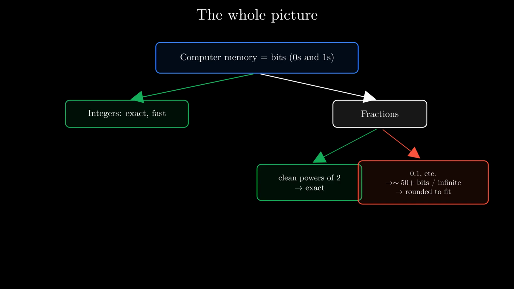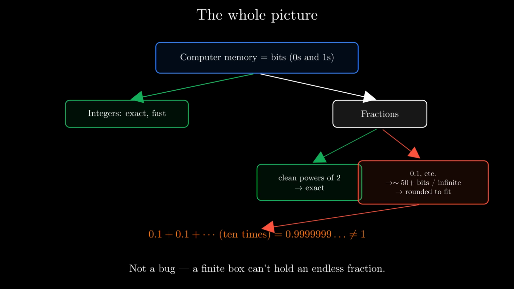Hardware only has room for so many bits, so a number like 0.1 cannot be stored exactly. It gets rounded to fit. That rounded, almost right value is why adding 0.1 to itself 10 times drifts away from 1. The error was never a bug. It is the unavoidable cost of squeezing an endless binary fraction into a finite box.